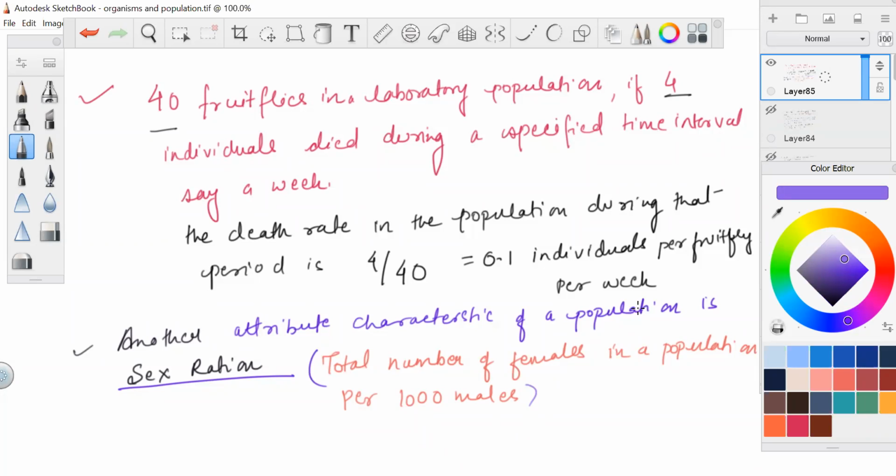So what it is saying is that an individual is either a male or a female, but a population has a sex ratio.